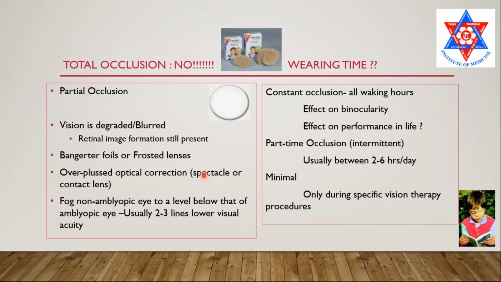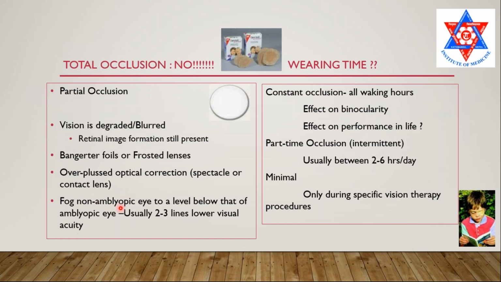So basically, in partial occlusion, the vision is degraded or blurred, and retinal image formation is still present. Apart from Bangerter foils, we especially use a bit over-plused optical correction that is very easily accessible to us, and on frequent examinations we will make changes to the prescription. That will also work as a partial occlusion.